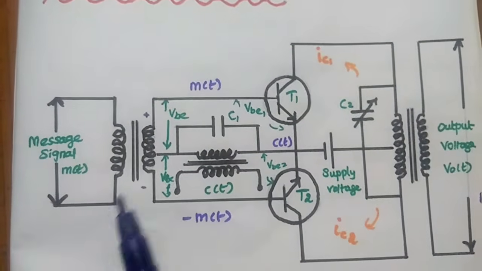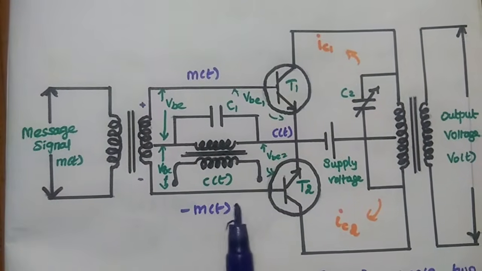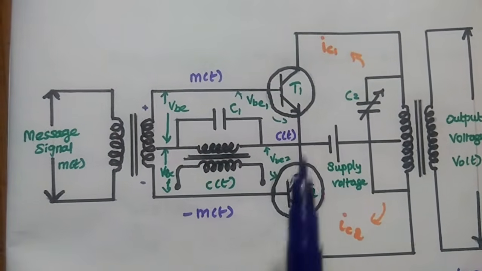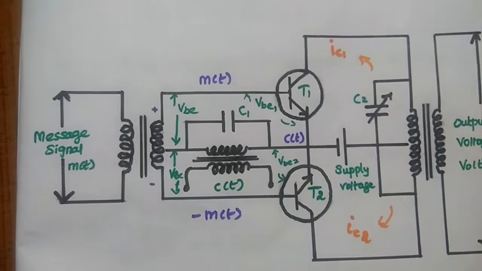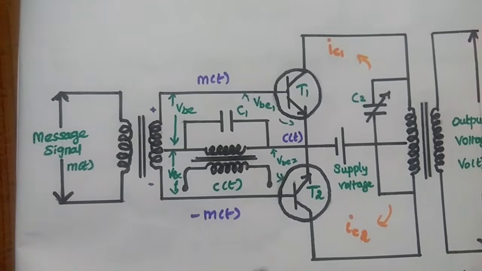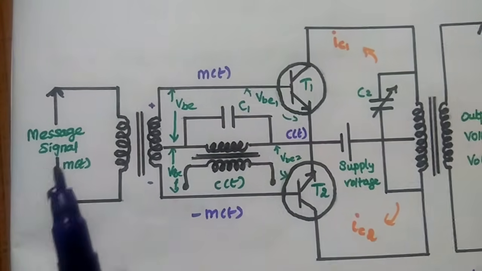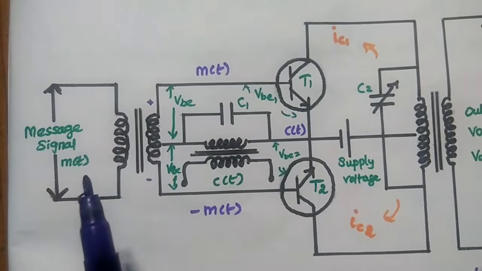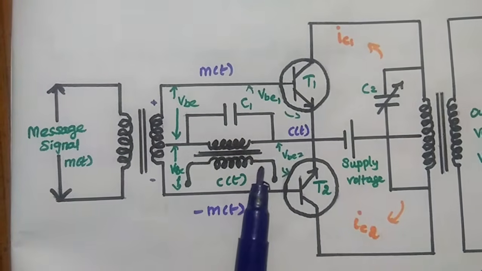Okay, so here we have to assume two important things. One is these two transistors should be identical and the entire circuit is a symmetrical circuit. The modulating signal is given as an input to the base of both the transistors.